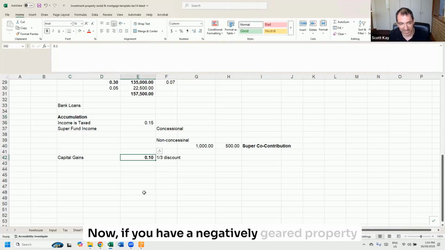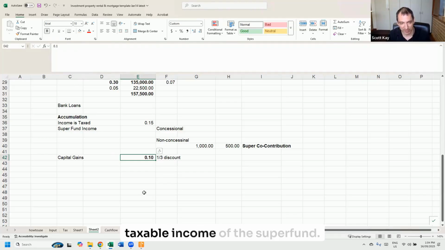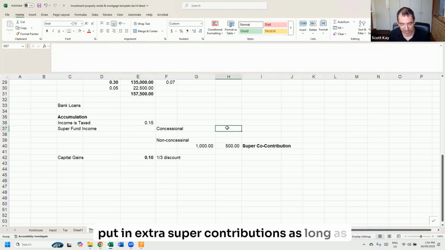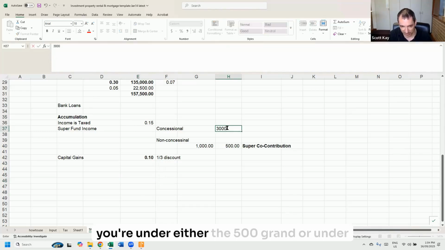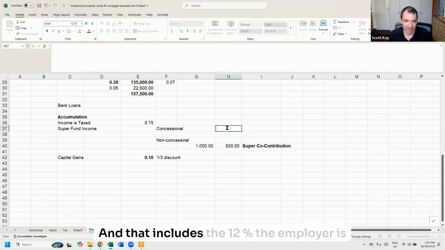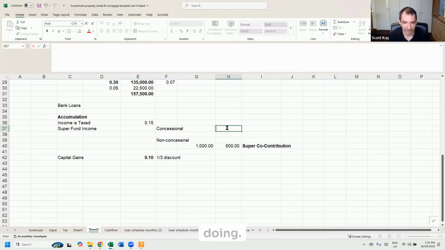Now, if you have a negatively geared property in your super fund, that's going to reduce the taxable income of the super fund. And what you can do in your personal name is put in extra super contributions as long as you're under either the 500 grand or under the 30,000 current limit per year, and that includes the 12% the employer is doing.